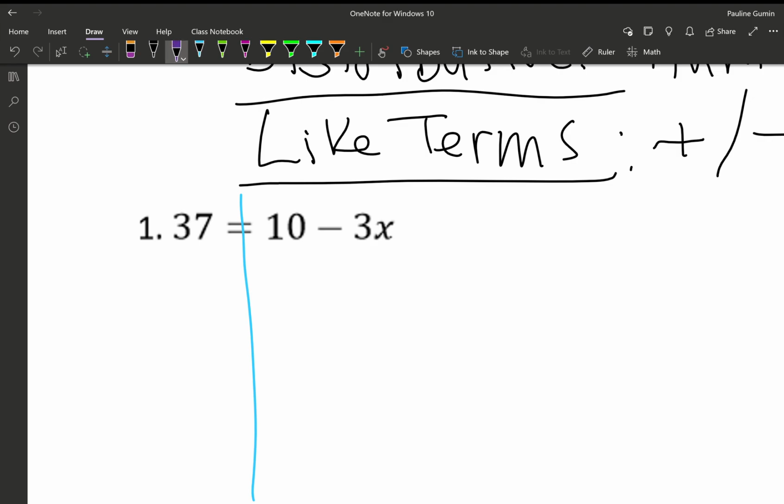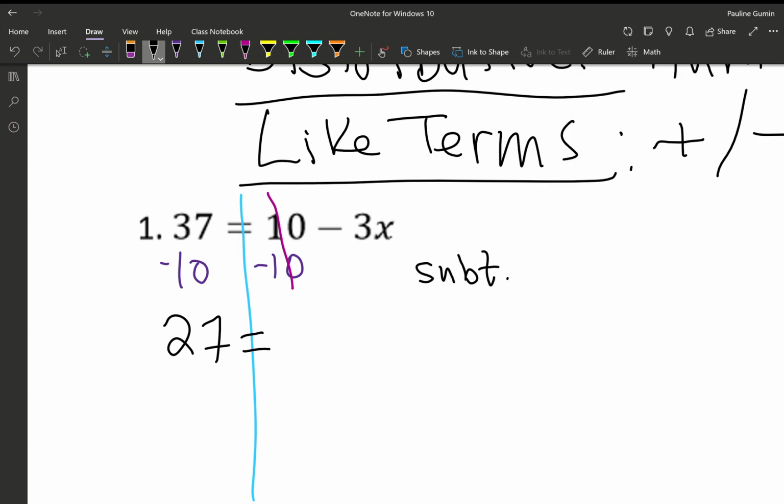So 10 is positive. How do I undo positives? With subtraction. So I'm going to subtract 10 from this side and 10 from that side. On the left, 37 minus 10 is 27. On the right, 10 minus 10 cancels, and I'm left with -3x.